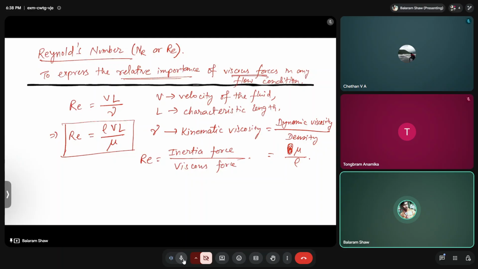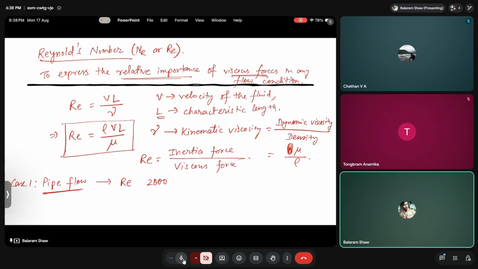In pipe flow, the characteristic length L is the diameter of the pipe. So if the Reynolds number is greater than 2000, then we call that... oh, sorry, wait a minute, sorry.